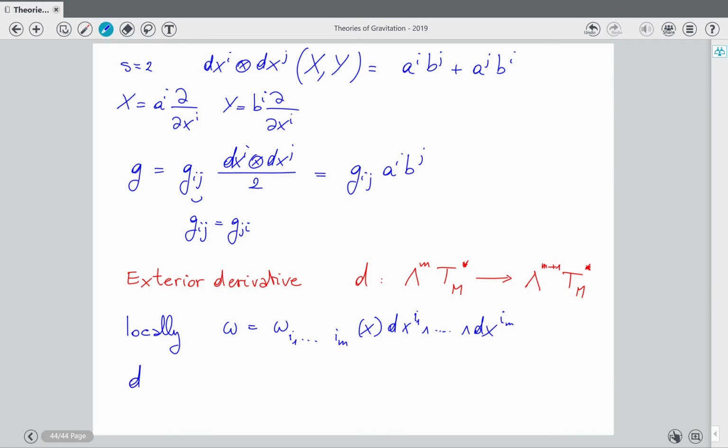D omega is the differential form which is locally defined by this, and then in the intersections transforms as can be easily inferred from the definition. It is like this: you differentiate the components one time and add the corresponding differential to the left.